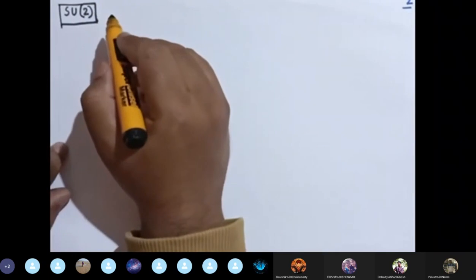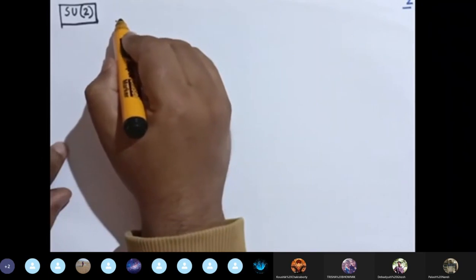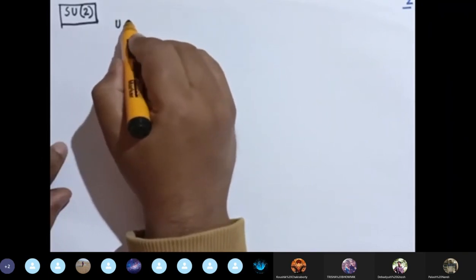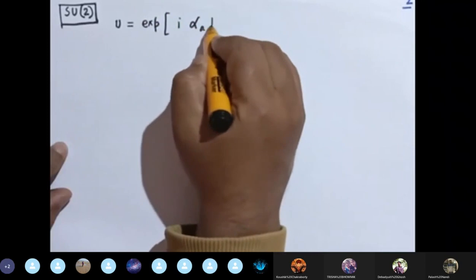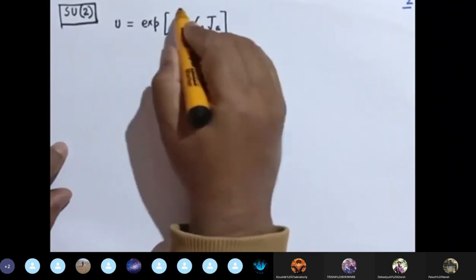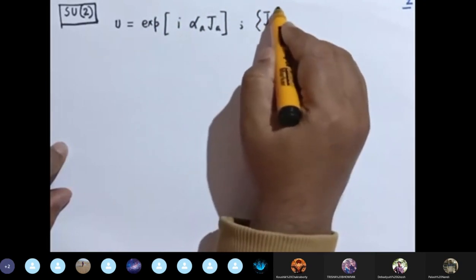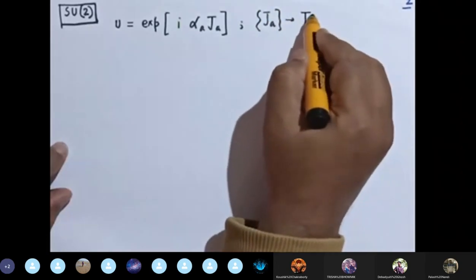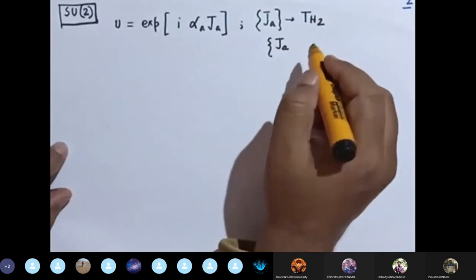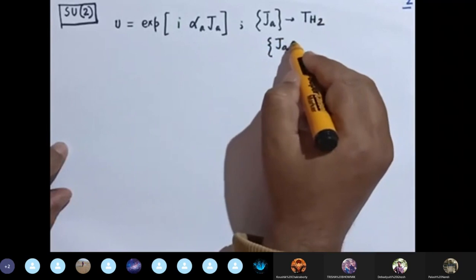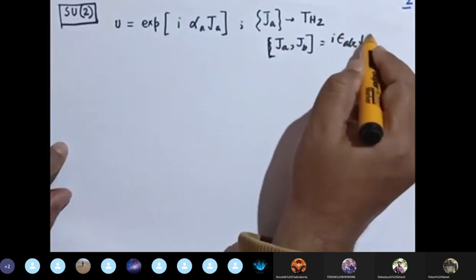Each element of SU2 can be written as an exponential of a sum over J, where all the J's are traceless Hermitian matrices of the order of 2 by 2, and the commutator of JA and JB is i epsilon ABC JC.